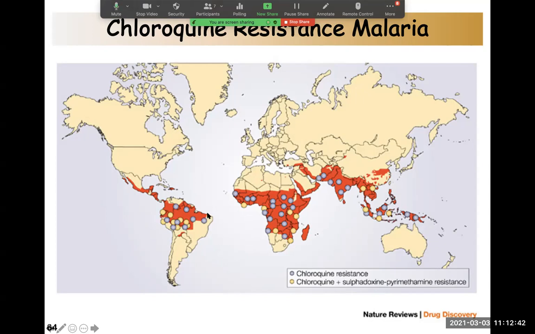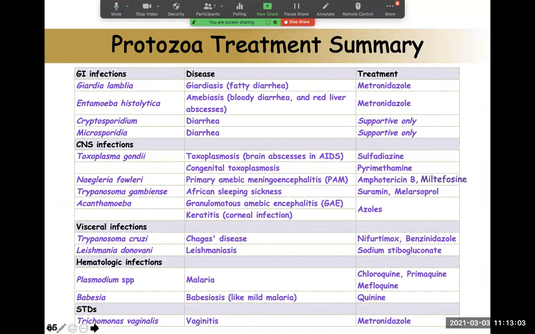But if you know there is this area, there is a chloroquine resistance, for example, in the case of Peru, you don't give them chloroquine as a treatment of choice, right? So this is something WHO constantly updates. So if you are in the field, you should constantly update yourself where the resistance comes from.